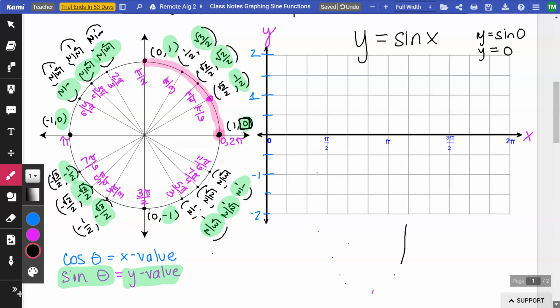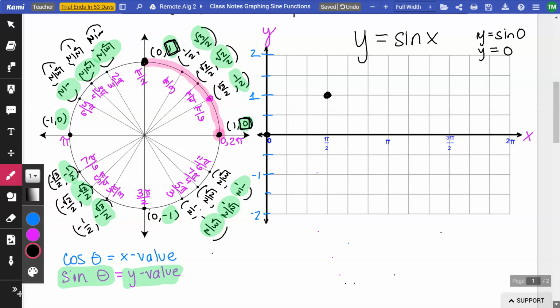And that matches what we understand about the height and the co-height of each of these points that we've talked about before. So at 0 radians, we're at 0, a distance of 0 on our y-axis. At pi over 2 radians, the sine of pi over 2 is equal to 1. So at pi over 2, we're at 1.